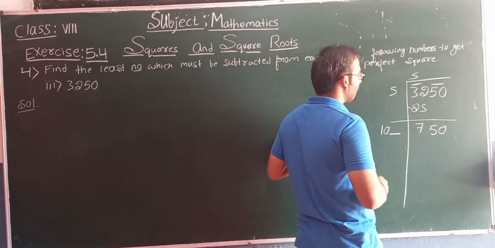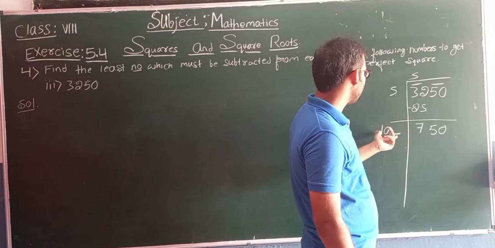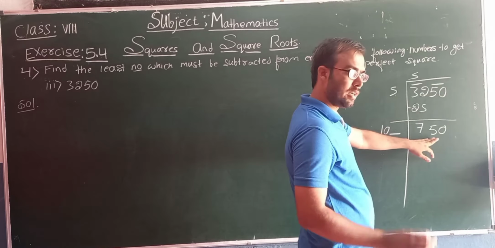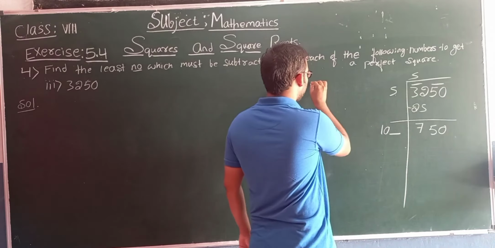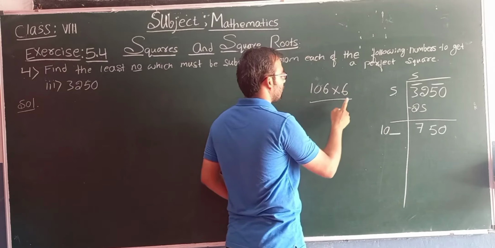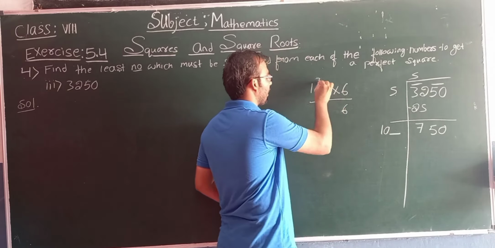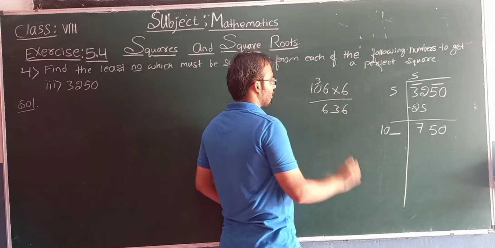So put a blank. Now we need to write here a number such that when we multiply this with the new digit, we have to get a number either 750 or lesser than this one. Okay, now let us fill this digit with 6 and we'll see. 6 6s are 36, 6 we carry, 6 zeros are 0, plus 3, 3, 6 ones are 6.